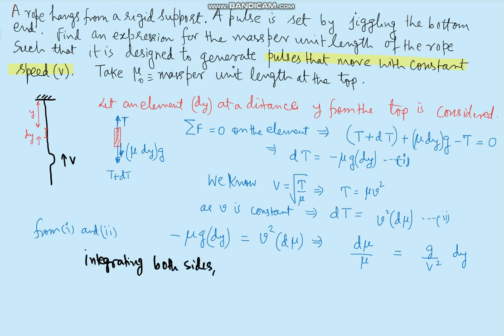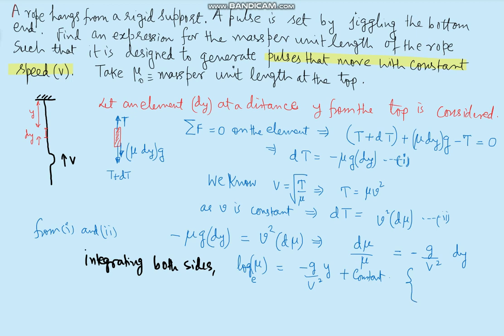what we get here will be log of mu to the base e, and this is equal to, there will be a negative sign of course, minus g by v square and dy. Integrating dy means it will be y, plus a constant.